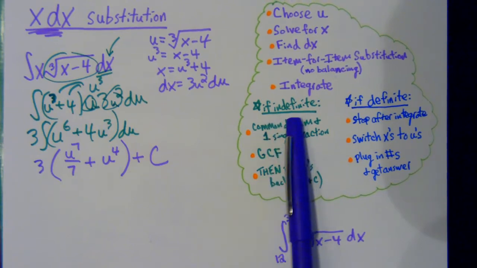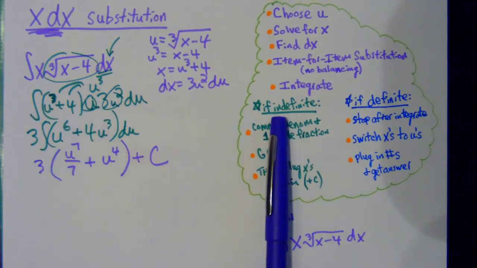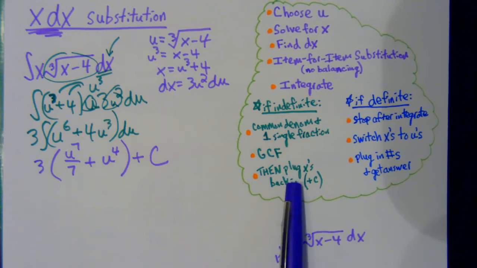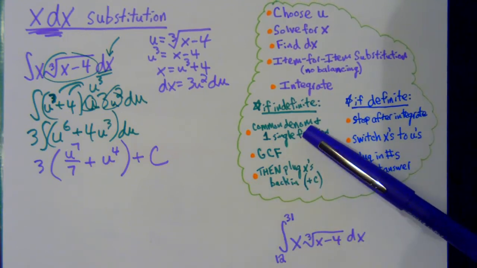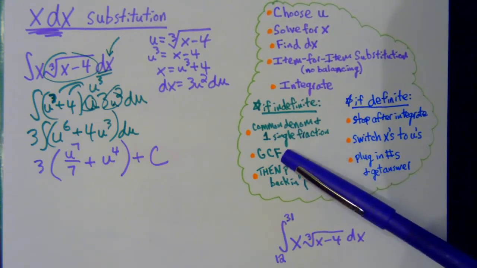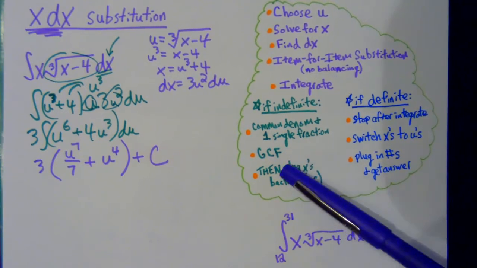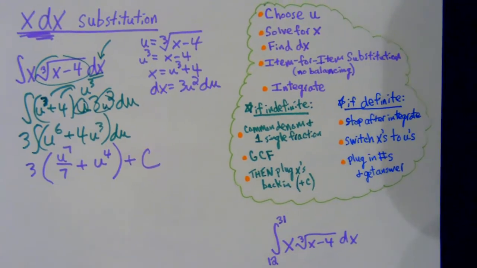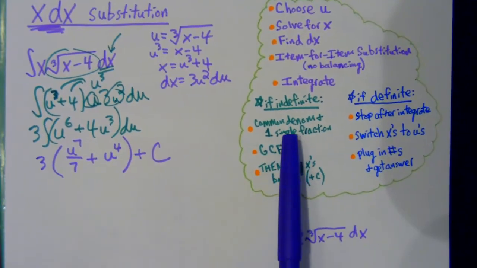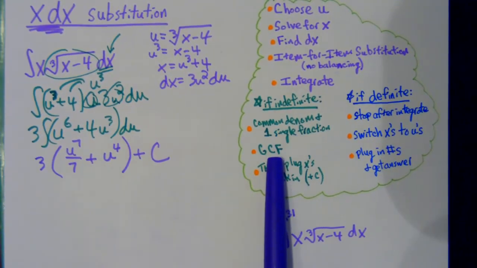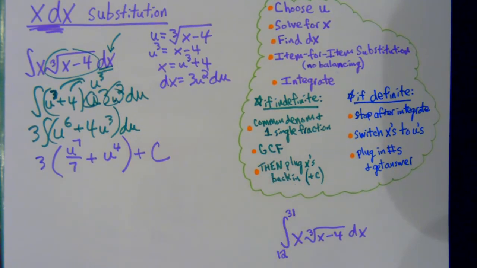If it's an indefinite integral, no numbers attached, what I want you to do before you plug your x's back in is get a common denominator, one single fraction, and a GCF first, and then plug those x's back in. I'm just trying to make this easier for you. We're still going to do factoring, but now we get to do factoring with easier exponents, easier GCFs, and it goes a little bit quicker and saves us a little bit of time.